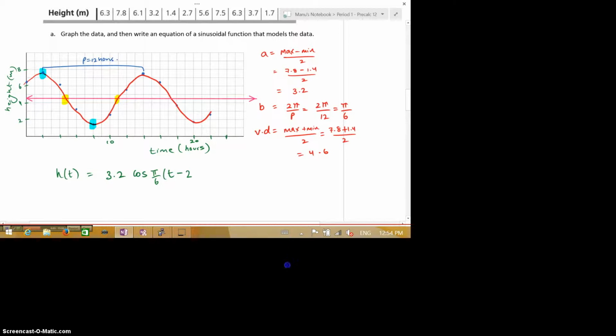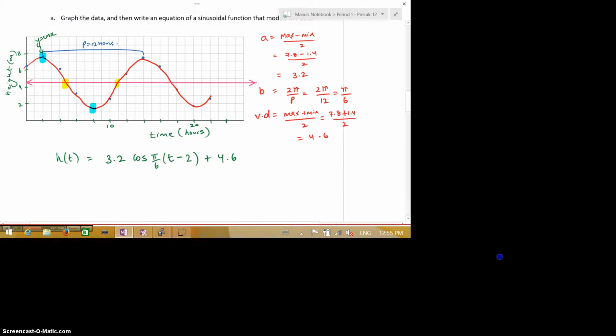So t minus 2, and then plus 4.6. Okay, positive cosine starts here. Normally positive cosine starts at 0 and the maximum, right? But the maximum has been translated to the right by 2 units. So we've got a phase shift of 2 units.